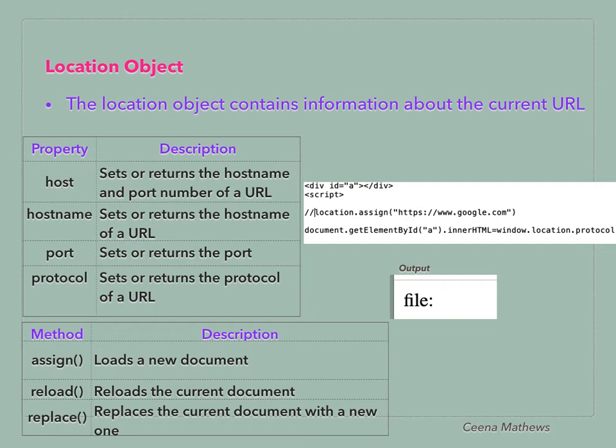So in that case it will not be displaying the second line of my script, that is document.getElementById will not be displayed on the window. That's why I have commented it. If you uncomment it and see, you can see that it loads this particular URL. While giving the URL, it is a must that you give the protocol also. In this case the protocol given is HTTPS.